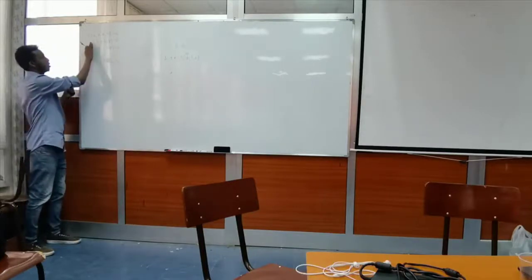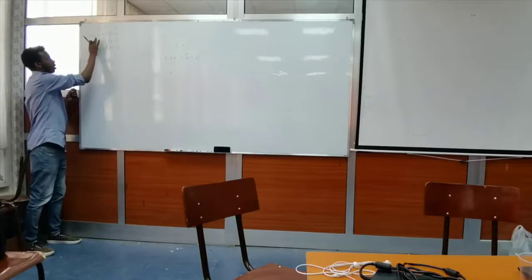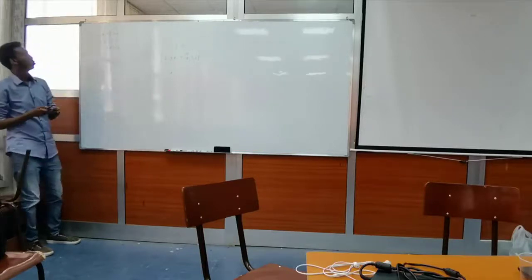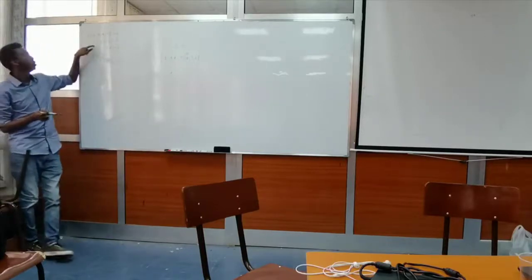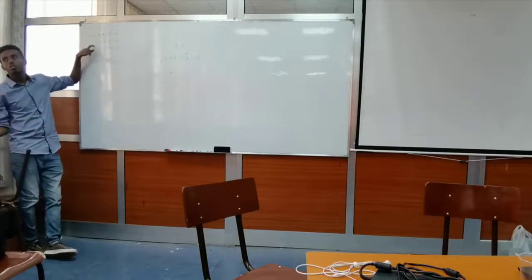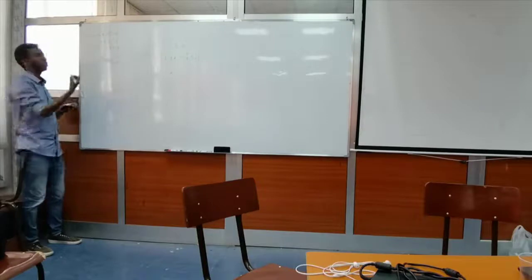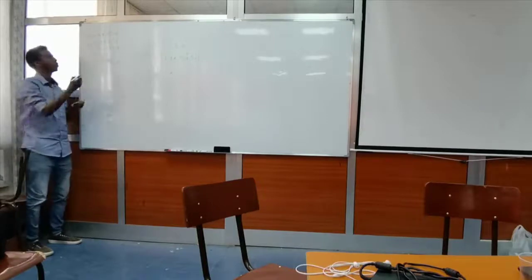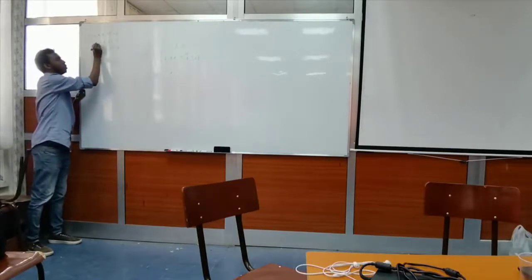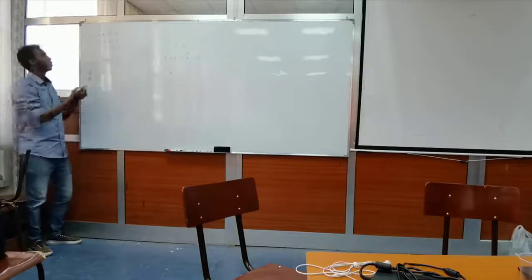So if the array is changed to this kind of array, we see 1, so we change the first index to -1. We see 1 again, it's already marked. We see 3, we change the second index to negative.